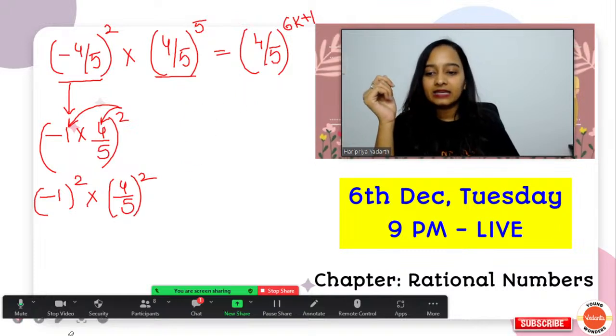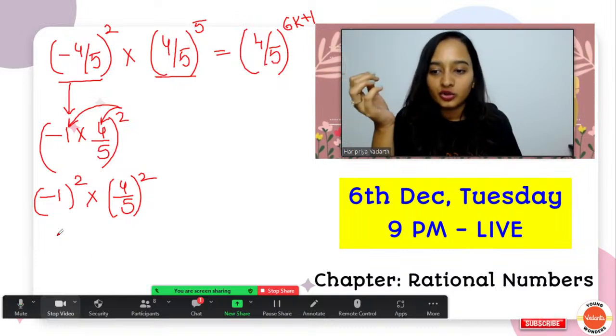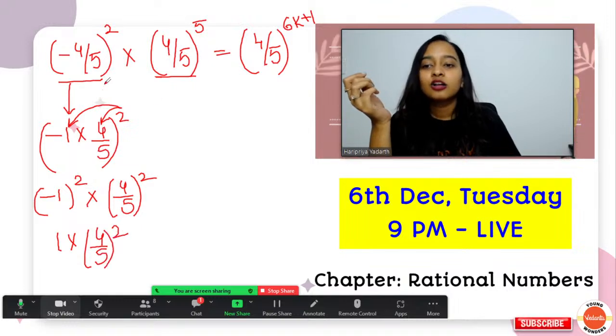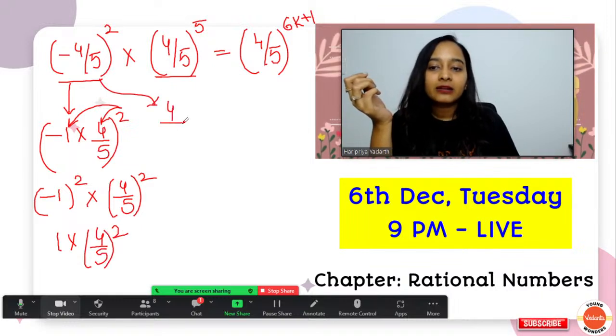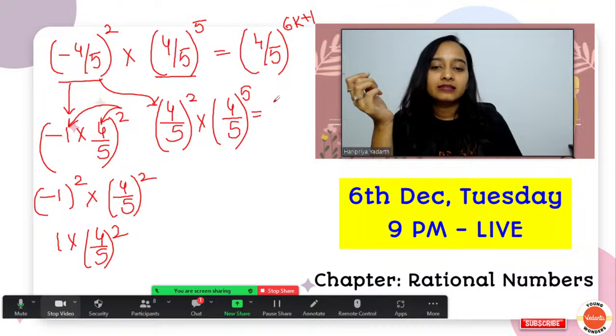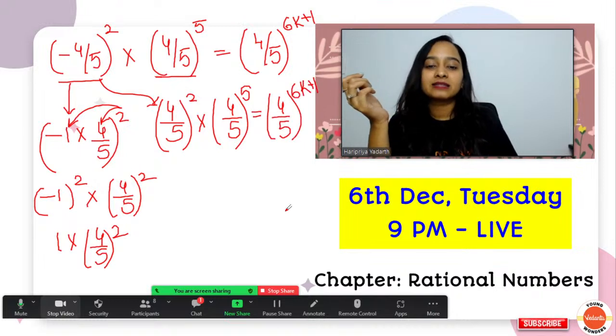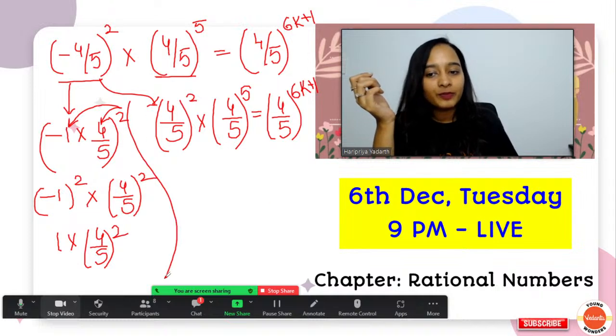So basically, instead of writing -4 by 5 whole square, I can write it as 1 multiplied with 4 by 5 square. So I will replace it here. It will become 4 by 5 whole square multiplied with 4 by 5 to the power 5 is equal to 4 by 5 to the power 6k plus 1. So after this you know how to do it.